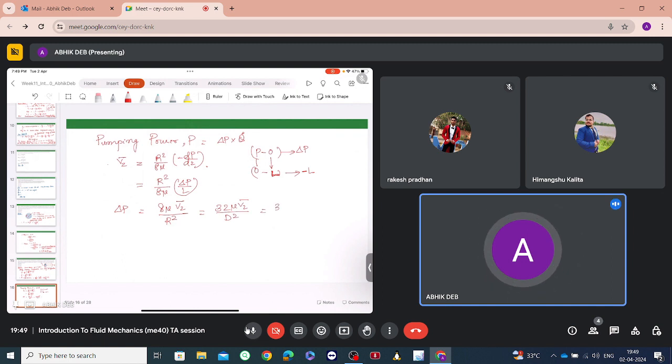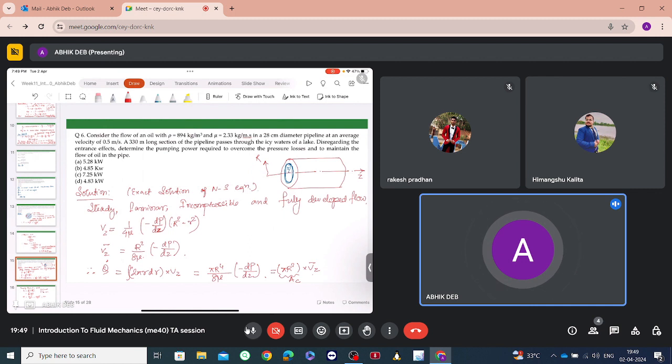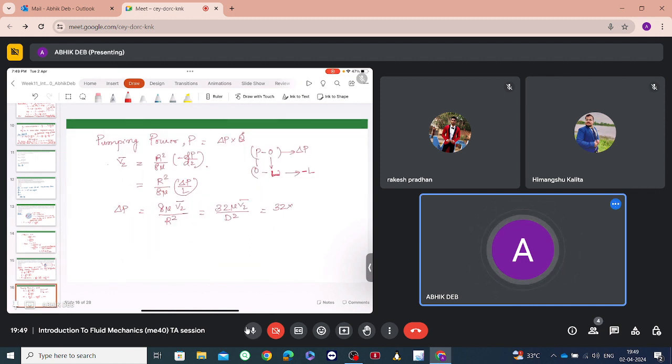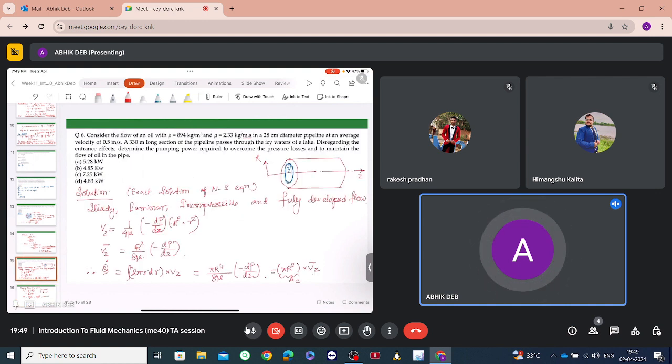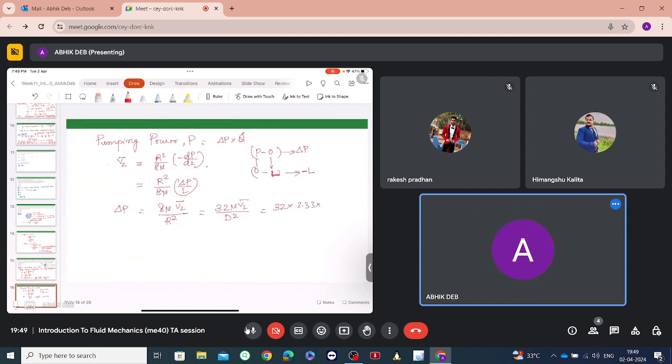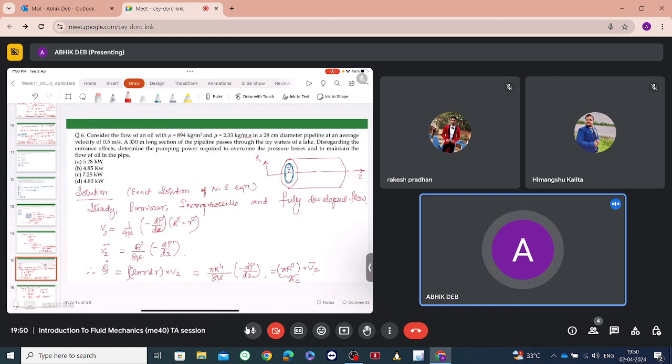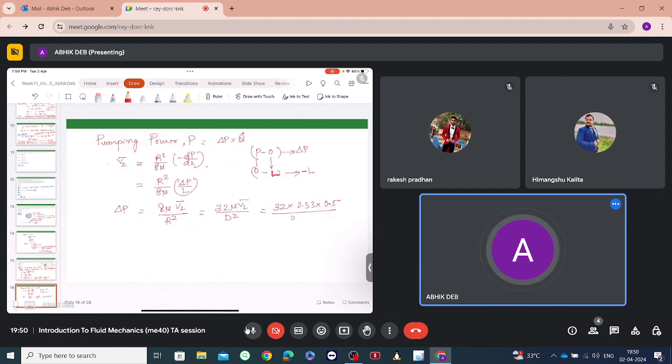If we just put the values, 32 multiplied by the viscosity, which is 2.33 kg per meter second, the average velocity is 0.5 meters per second, and d square is 0.28 whole square. If you just calculate it, we will get 156,918 Pascal.